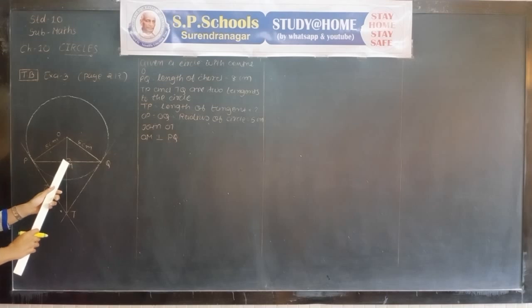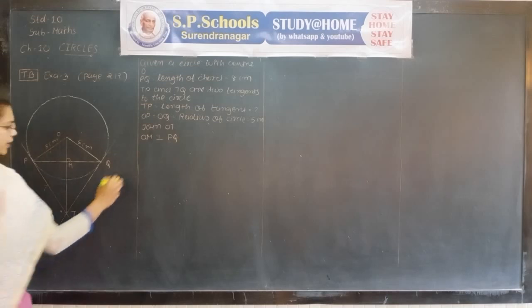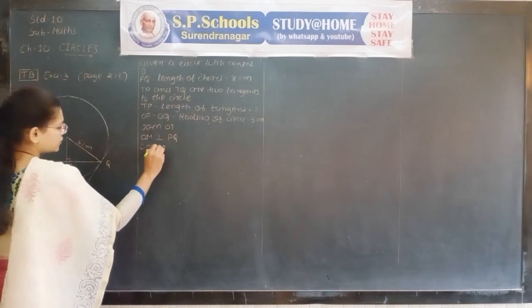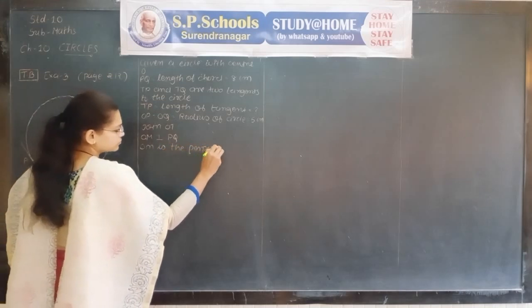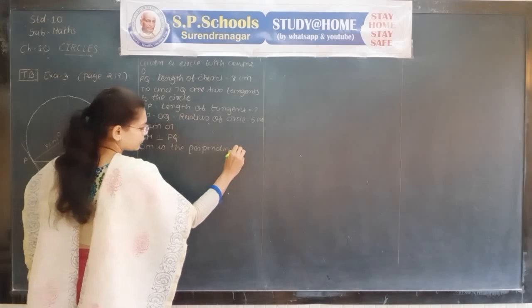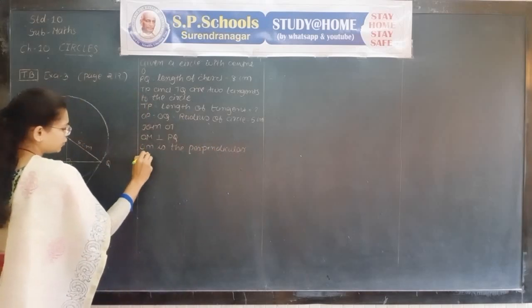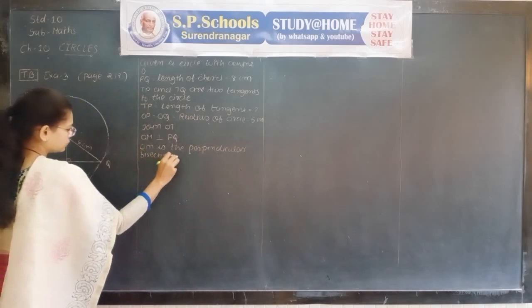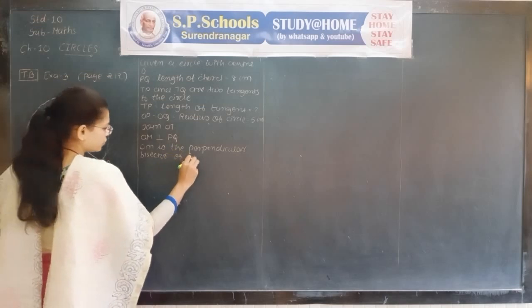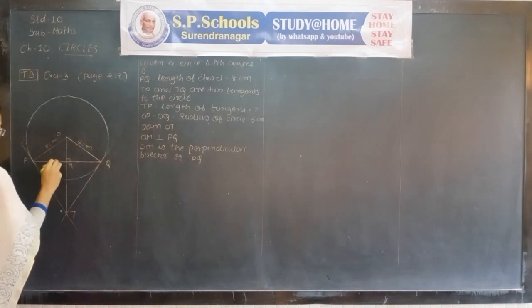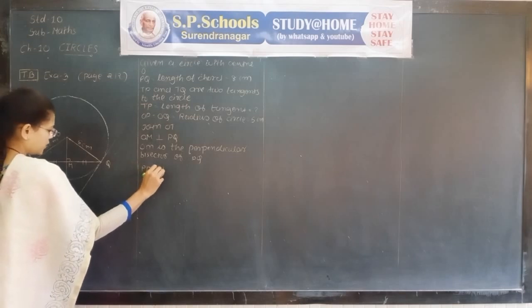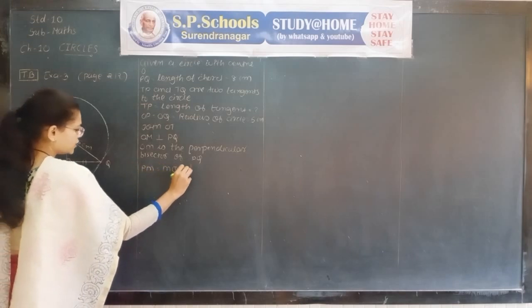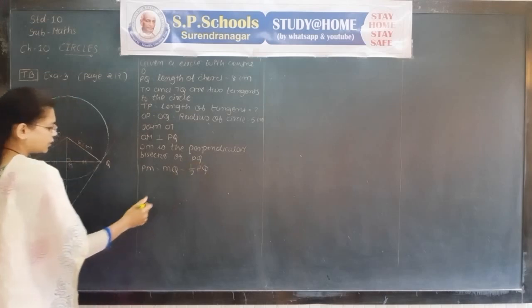That's why PQ is bisected by OM. OM is the perpendicular bisector of PQ, which means PM and MQ are both equal. PM is equal to MQ, which is half of PQ.